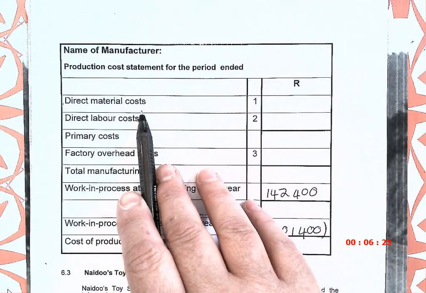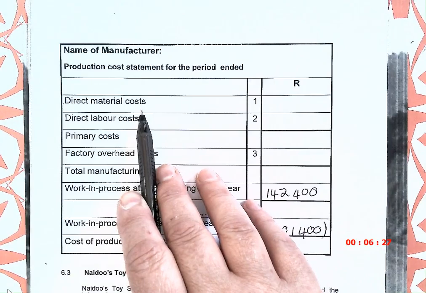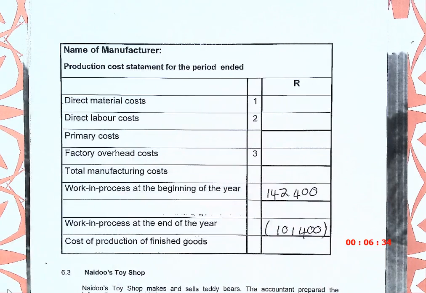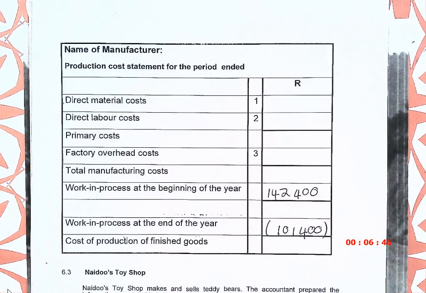Okay, so when it says issued or transferred to the factory, what do you do with that information? You take it to direct material cost. So we still say that direct material cost. Is that just extra information? No. The concept is we keep our raw material in a storage room.